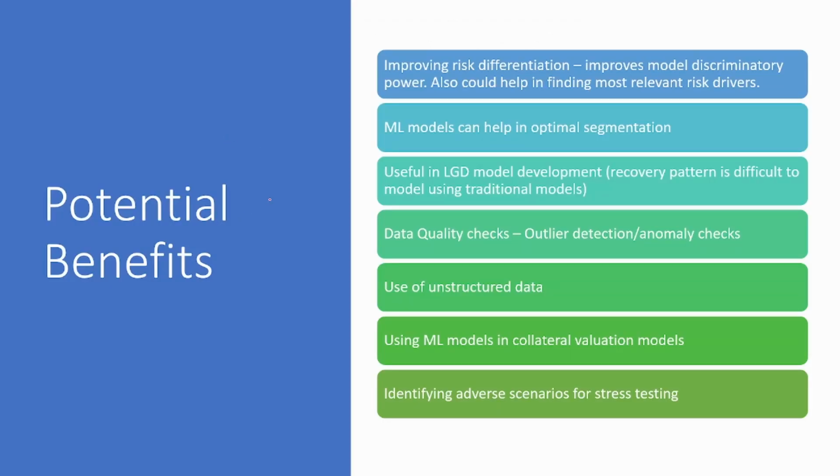But there are potential benefits also, and regulators acknowledge this. These models actually can help in improving the risk differentiation. For example, improving the discriminatory power of the model, or the model performance in general can be better with ML techniques, and could be used in finding the most relevant risk drivers. That's true, actually.